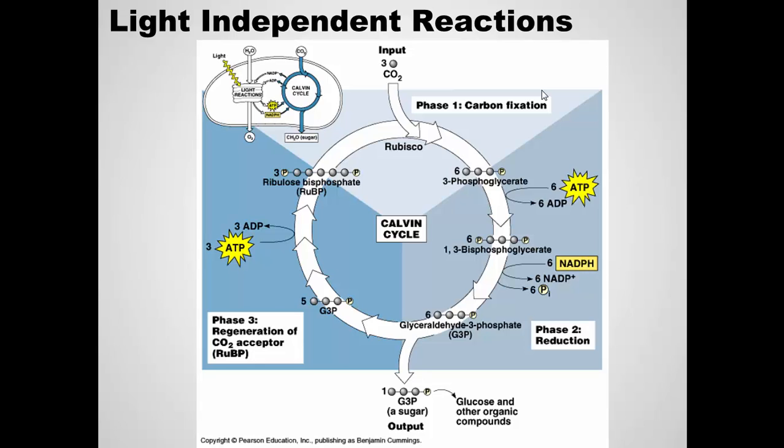But eventually, after using ATP and the energy from NADPH, this produces these molecules called G3P. This is what's going to become glucose eventually. The process continues to regenerate this RuBP so that it can work again to capture some more carbon.